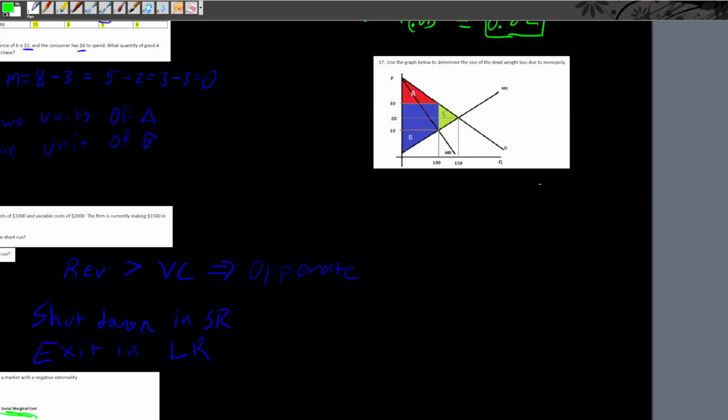All right, so for the last one here, it's another welfare analysis question. We've got a monopolist. With the monopolist, we're going to end up having producer surplus of B, consumer surplus of A, and deadweight loss of C. All I'm asking you to do in this question is to figure out the deadweight loss due to monopoly. To do that, we just find the area of that triangle again.